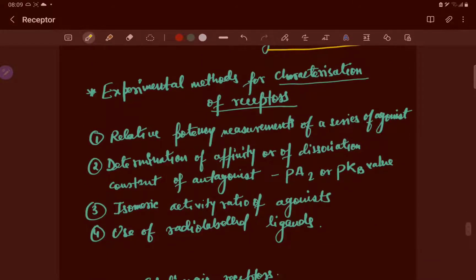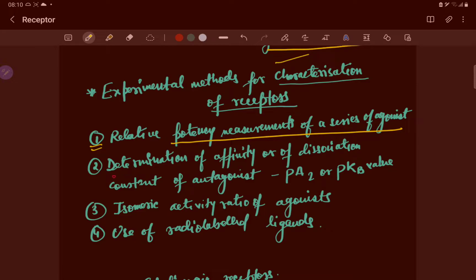Now there are some experimental methods for characterization of receptors. These are very typical, graphical things, and sometimes not easily understood, so we'll discuss them later. For now, just know what the methods are. One is the relative potency measurements of a series of agonists.